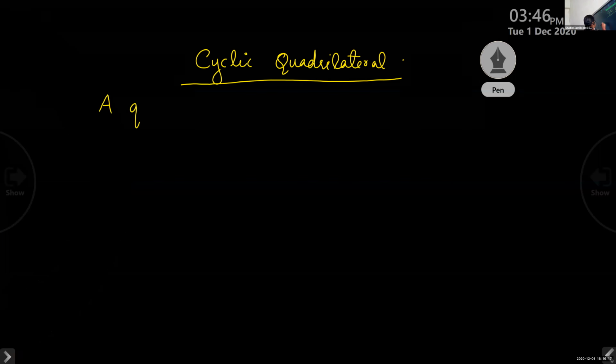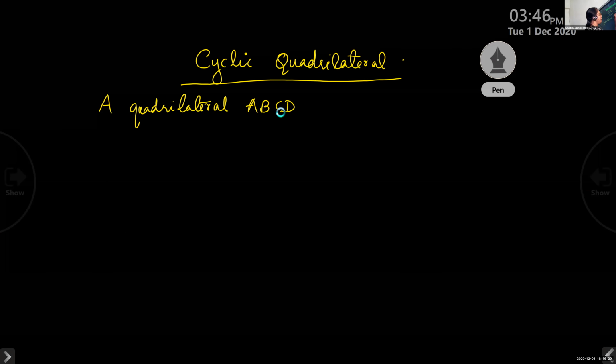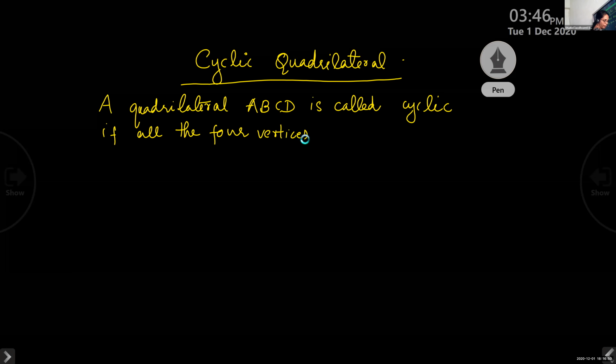A quadrilateral ABCD is called cyclic if all the four vertices of it lie on a circle.